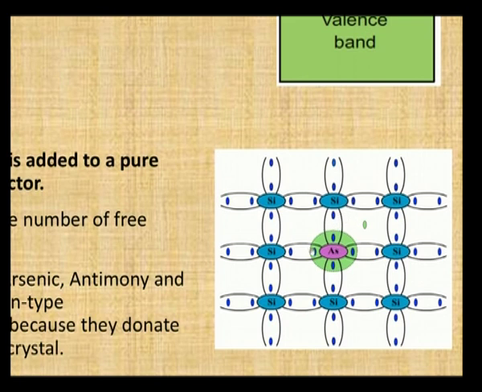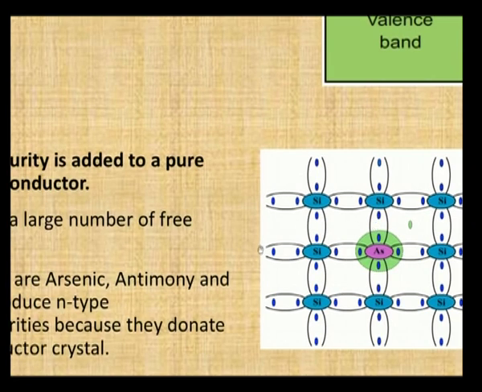If we add an impurity like arsenic atom, it is pentavalent, meaning it has 5 electrons. The silicon has only 4 electrons. These will combine with 4 electrons of the arsenic and the remaining 1 will be left over. This free electron will be helpful for the conduction.